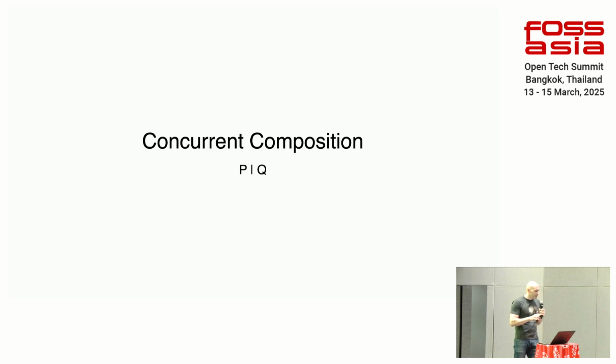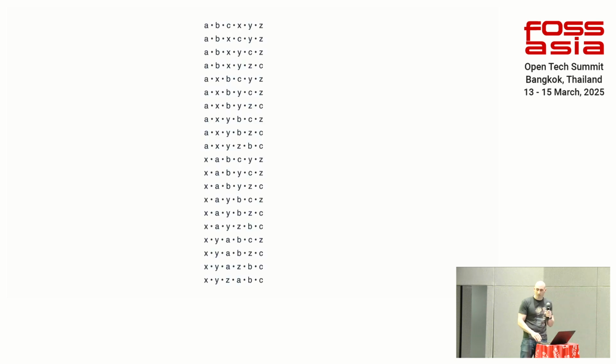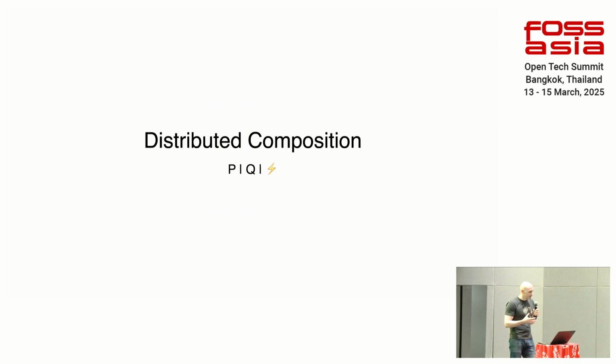Next, let's look at concurrency. The defining characteristic of concurrency is non-deterministic partial order. So the concurrent composition of P and Q already leads to 20 distinct possible executions. And finally, let's introduce distribution.